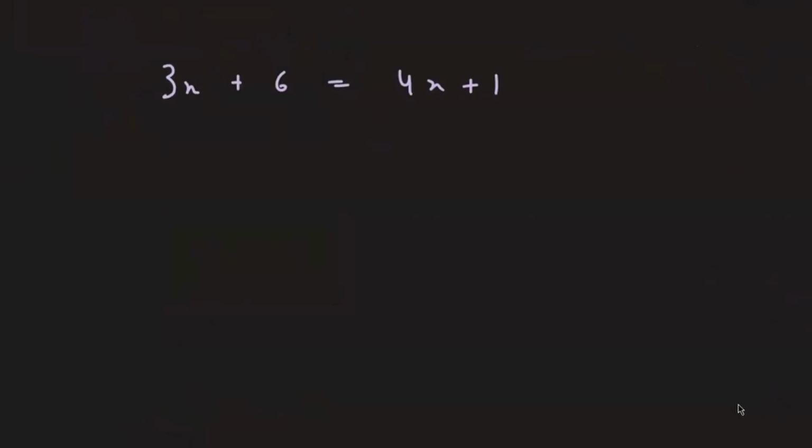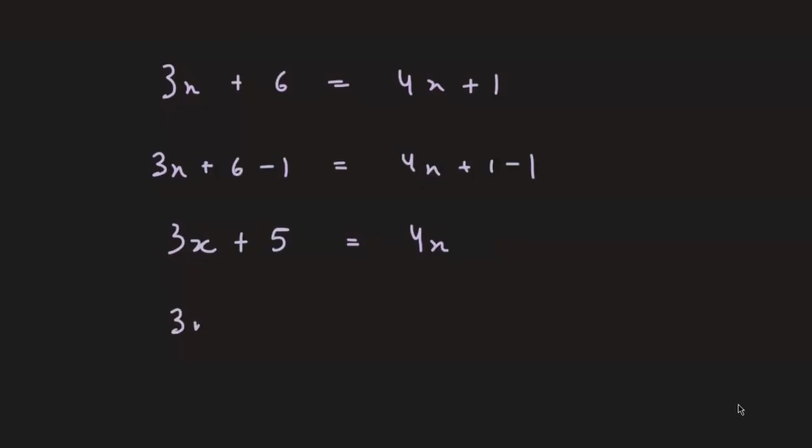Otherwise, the equation will lose its equality. Right? 3x plus 6 minus 1, 4x plus 1 minus 1. 1 and 1 will just clear each other. That is 0. That will become 5. So 3x plus 5. Is this clear, everybody? Yes.